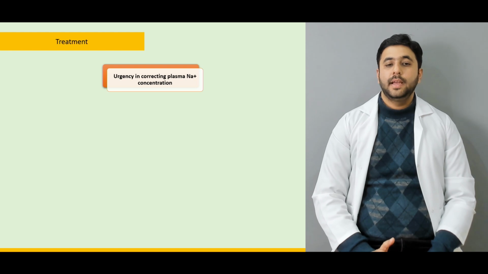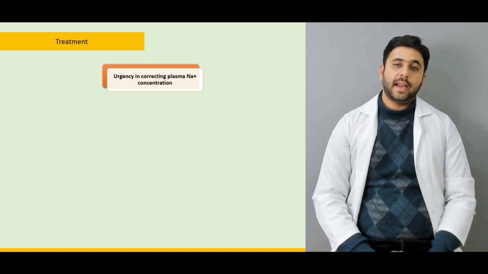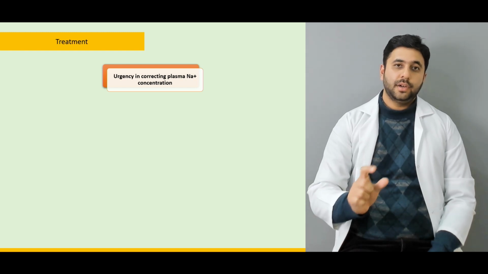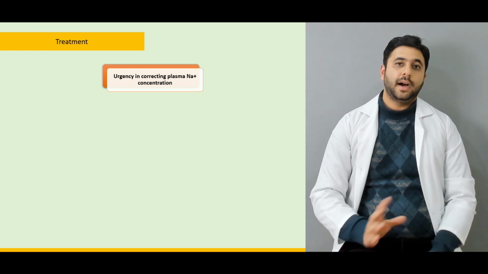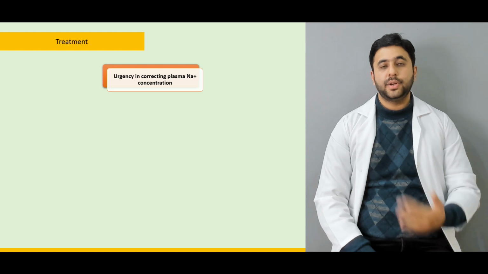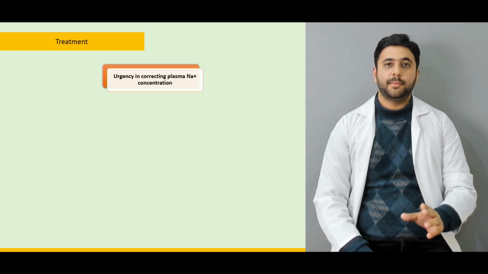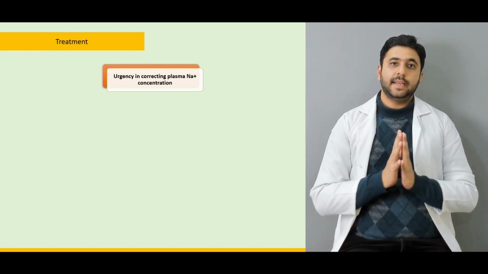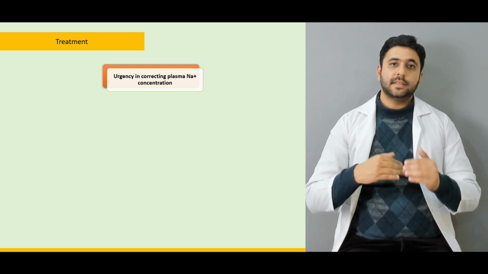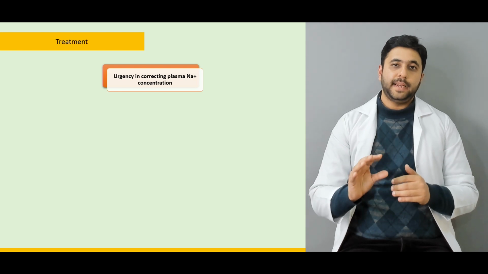So anyone who is seizing or anyone who has obtundation or is going into coma and has low plasma sodium concentration or hyponatremia, you have to give them hypertonic saline. You give them hypertonic saline to correct the sodium abnormality as quickly as you can. But it is very important to understand that you just have to correct the sodium by about 4 to 6 millimoles.